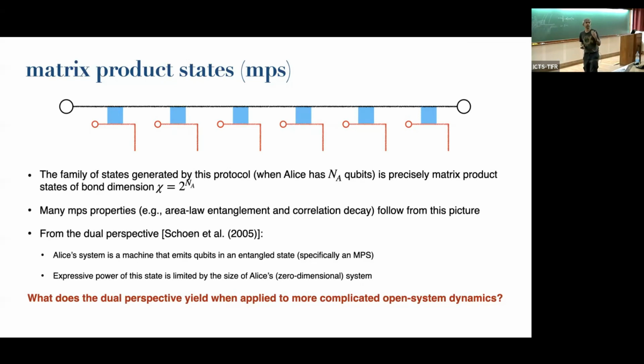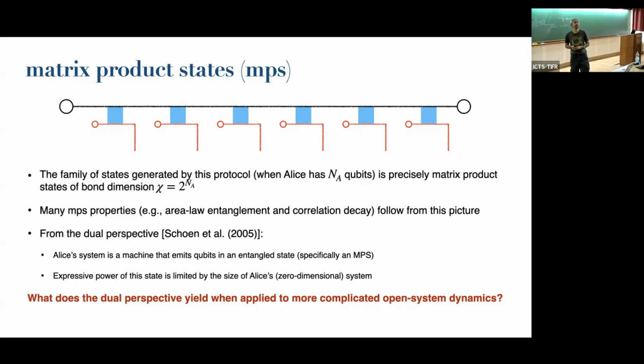And in fact, it's well known, and it's been known since Sarang's work about 15 years ago, that this kind of process of taking a Markovian dynamics and reading it backwards generates a matrix product state whenever the Hilbert space on this black thick leg is a finite dimensional Hilbert space, and the complexity of the MPS that's generated is set by essentially the size of the Hilbert space that Alice has access to.